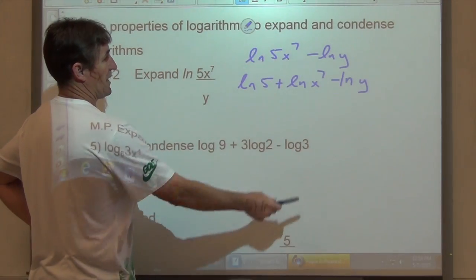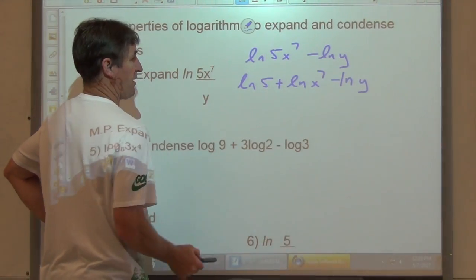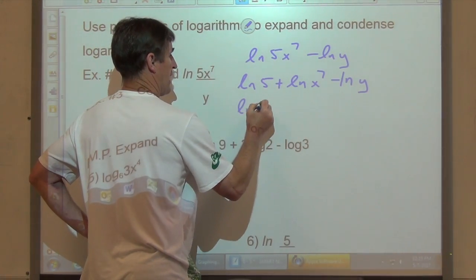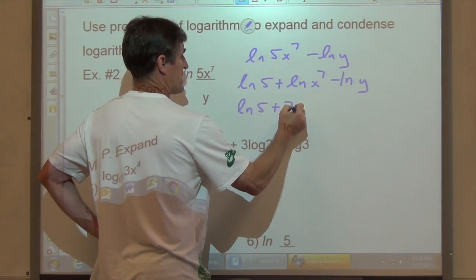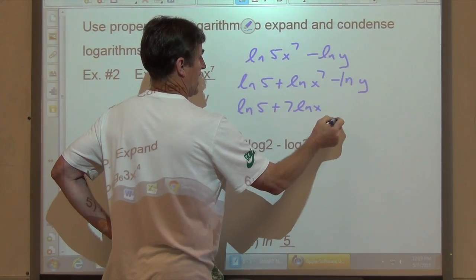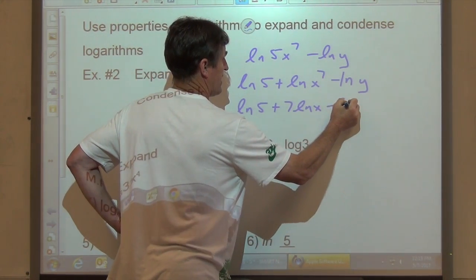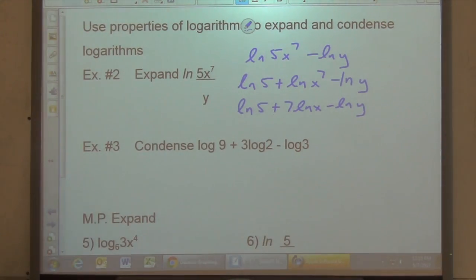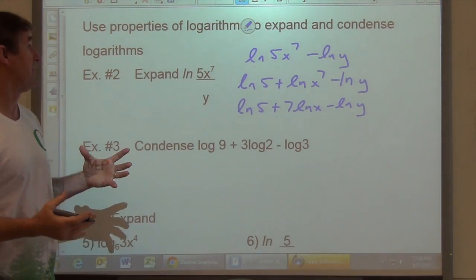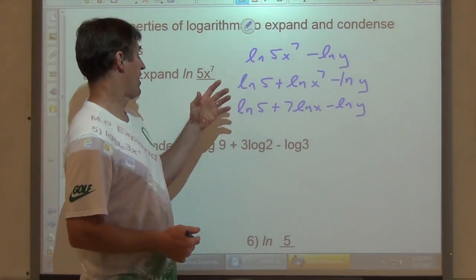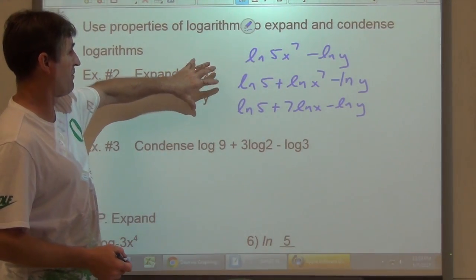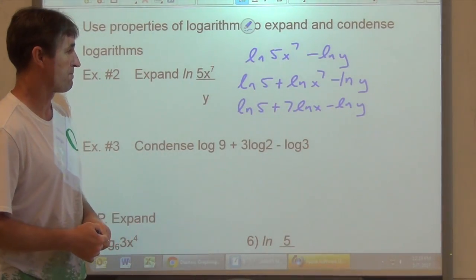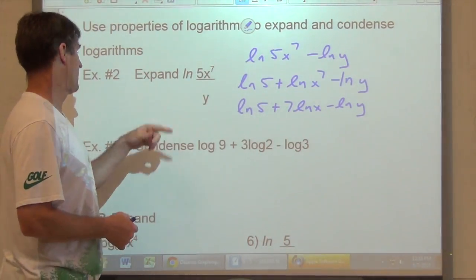And then we're still not finished because we can still work with this 7 in the exponent, and move it out front, and rewrite it ln 5 plus 7 ln x minus ln y. And so that would be what's called expanding the logarithm. We take it from its simplified form and we expand it out into addition, subtraction, and some multiplication. Alright, so that would be number 2.